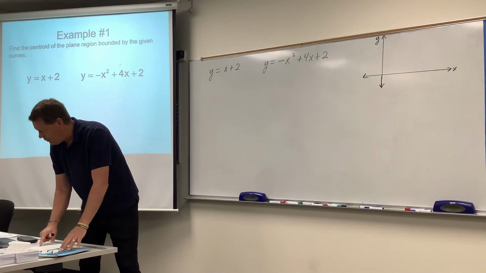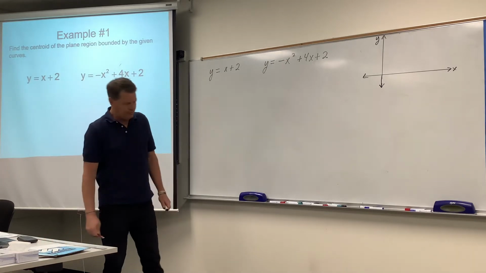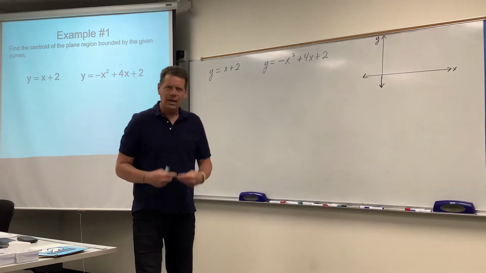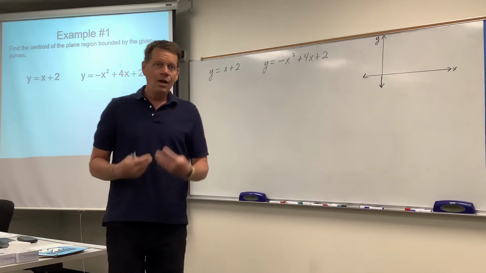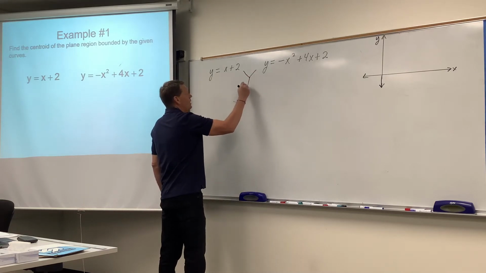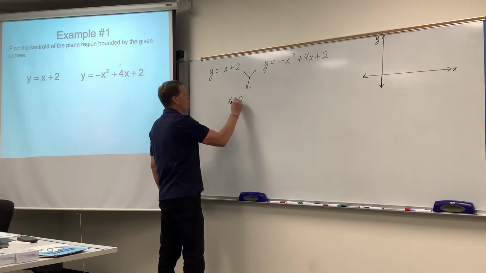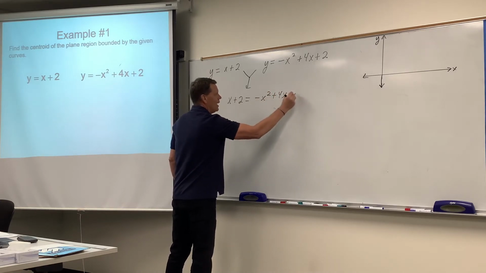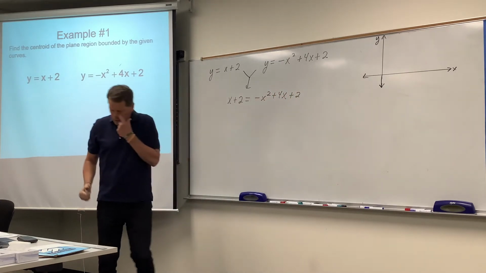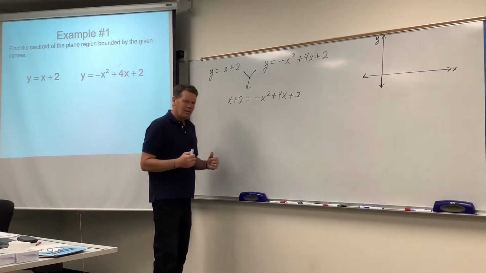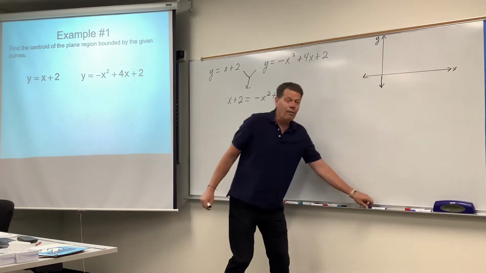Find the centroid for the region bounded by the given curves. Well, I would again recommend that we draw a rough picture of this, and I would ask you to do the same thing on this assignment. So if we want to find the region bounded by the two, don't we need to determine where they intersect? And we do that by setting them equal to each other. So this would go back to finding the points of intersection and things of that nature, and then solve for x.